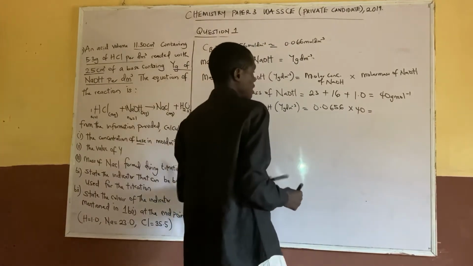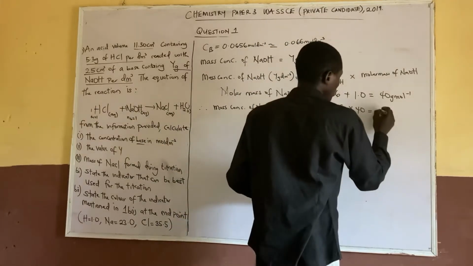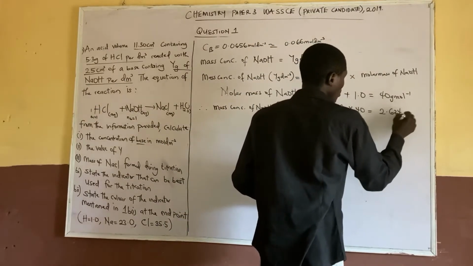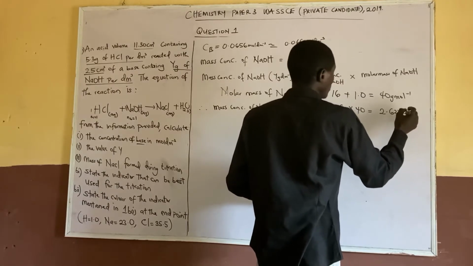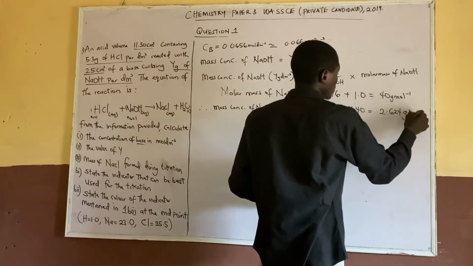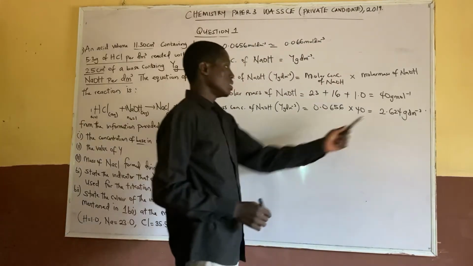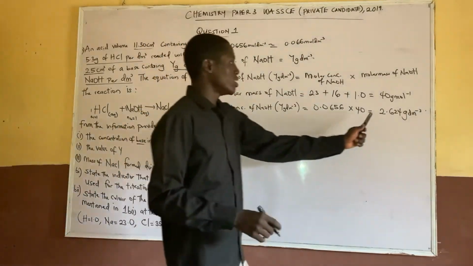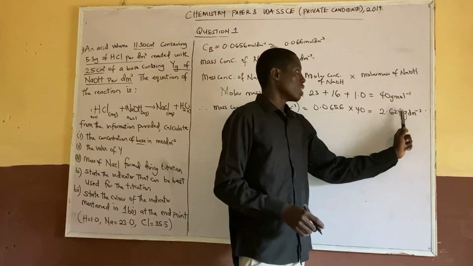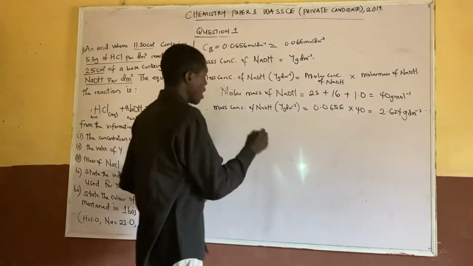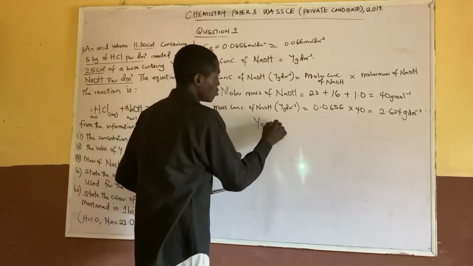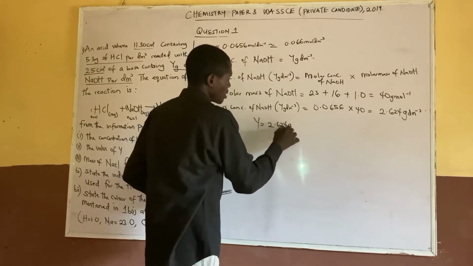Your answer will be around 2.624 gram per dm cube. Since this is 2.624 gram per 1 dm cube, our y is equal to 2.624 gram.